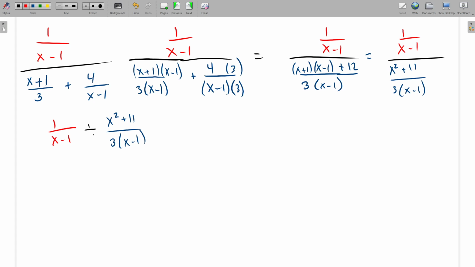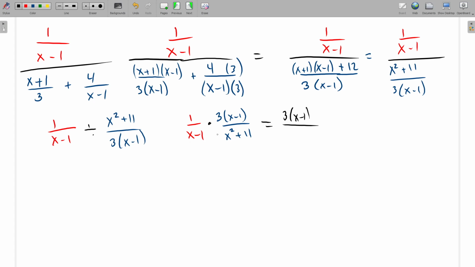Now we can use our keep, change, flip strategy where we keep this the same, 1 over x minus 1. We change the division to multiplication, and then we flip the second rational expression to be 3 times x minus 1 over x squared plus 11. Right? And when we multiply these straight across, 1 times the numerator is going to give us the 3 times x minus 1.